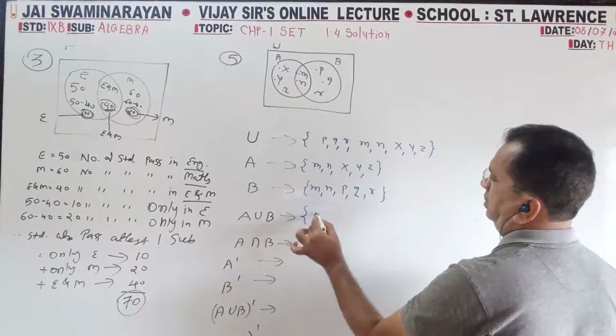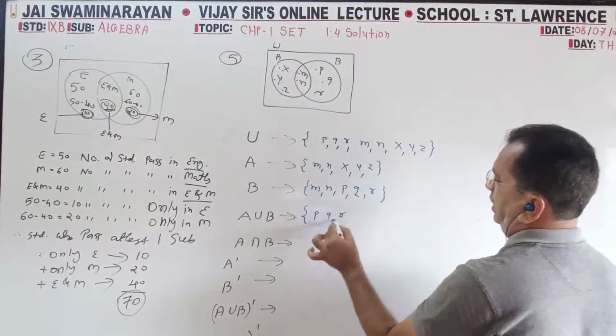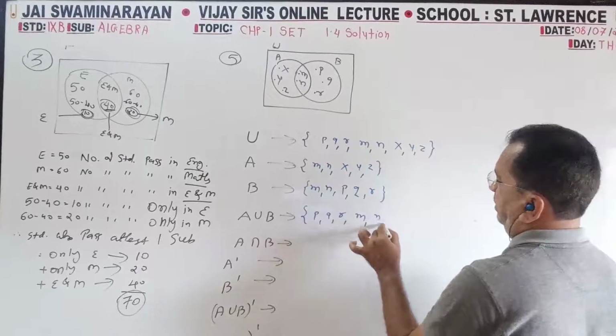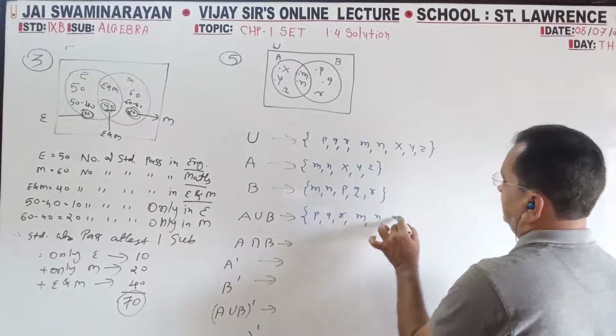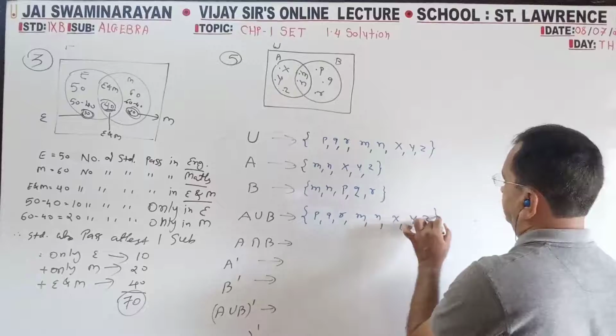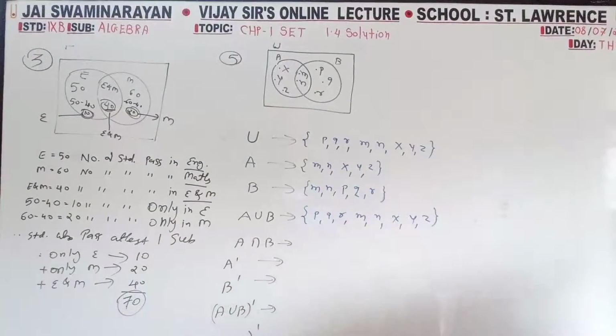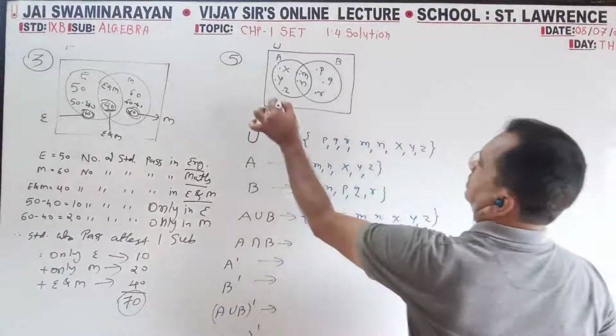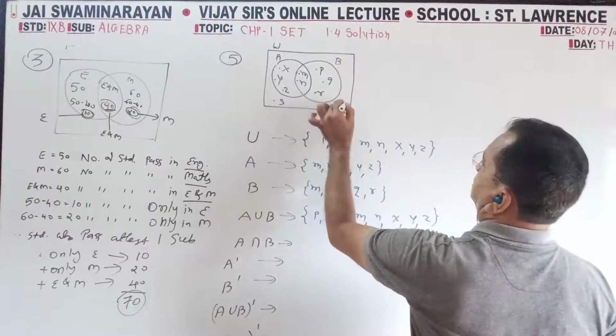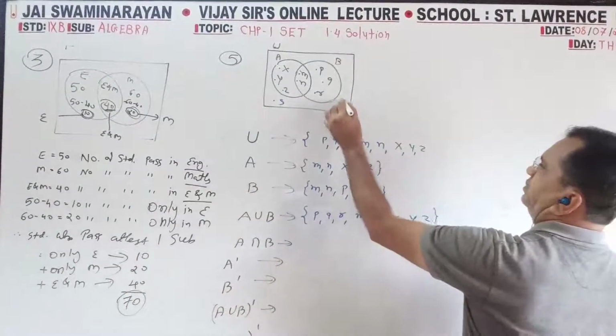So all: P, Q, R, M, N, X, Y, Z. Outside points are given. Let me check. Yes, S is given, T is given. So that will be the universal.